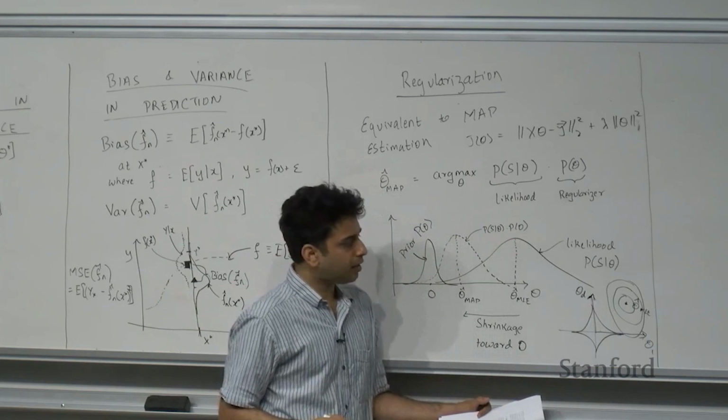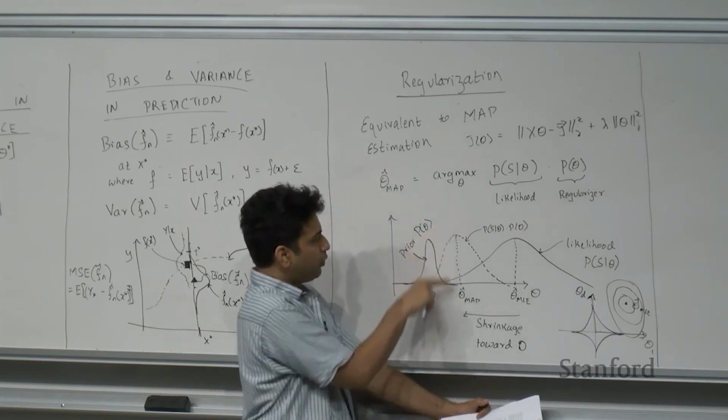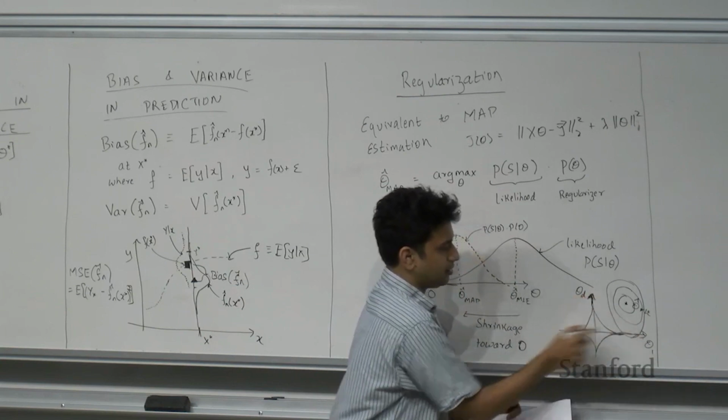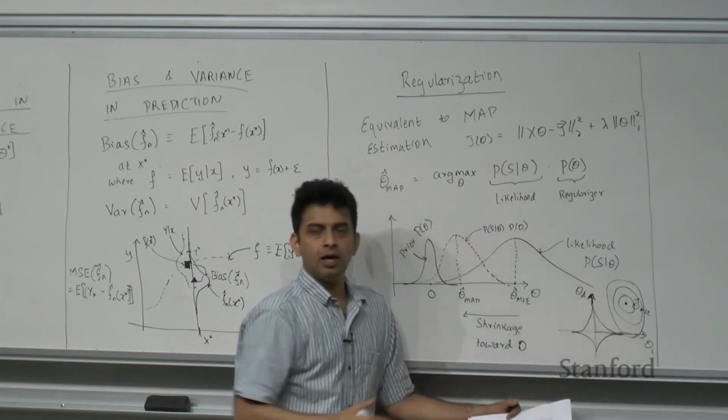And therefore the value where MAP is maximized will lie exactly along the axes.